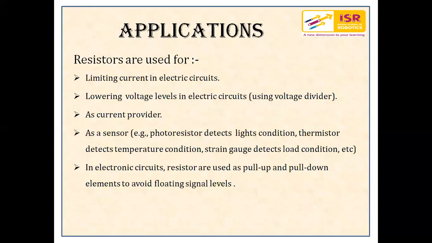For example, we have photoresistors that detect how much light is present, and thermistors that detect temperature in your surroundings, and so on. In electronic circuits, resistors are used as pull-up and pull-down elements to avoid floating signal levels. And we have many more applications of resistors too.